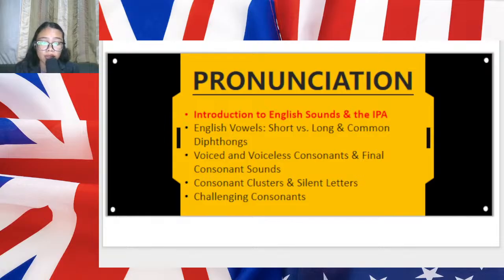You got your first look at the full IPA chart and understood its amazing benefits, like standardizing pronunciation across accents and making learning more reasonable.